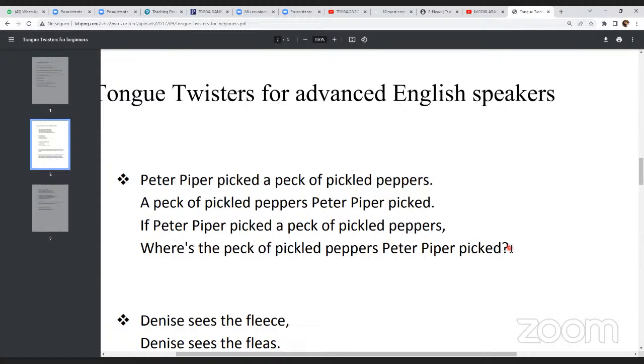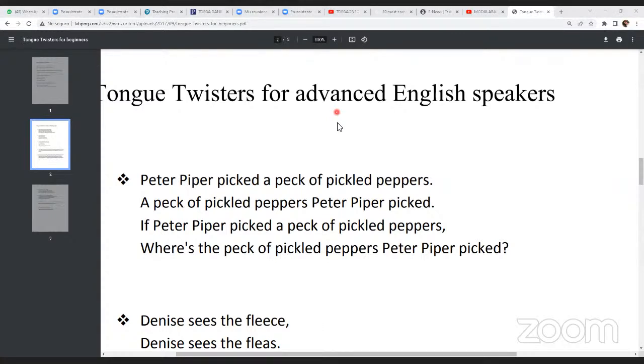A peck of pickled peppers Peter Piper picked. If Peter Piper picked a peck of pickled peppers, where is the peck of pickled peppers Peter Piper picked? I know it sounds a little bit difficult, but you can do it, right? So first, you have to read it in your rhythm, right?